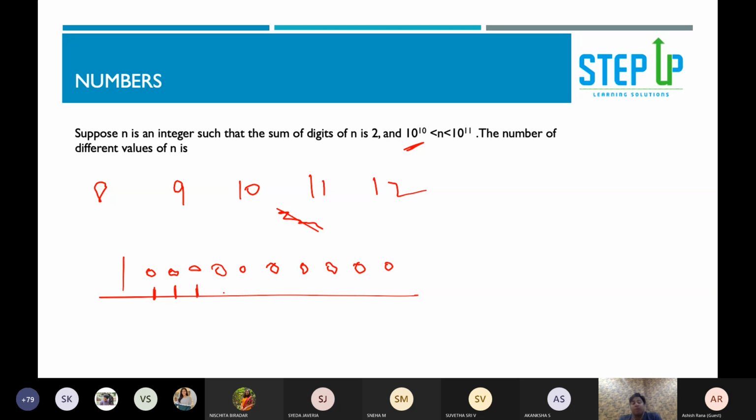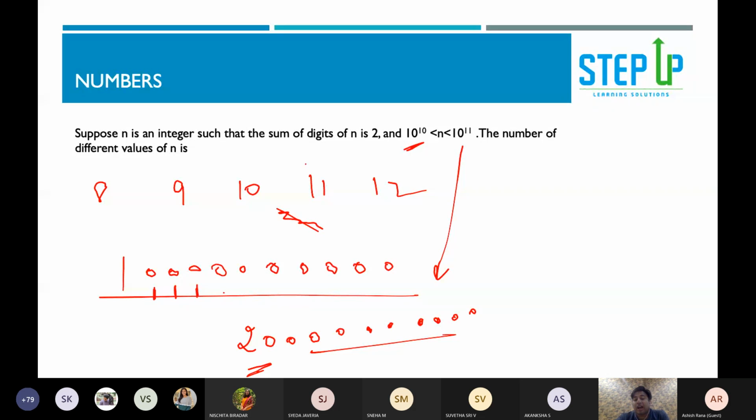Yes, sir. So how many possibilities do you have here? 10. But is this the only possibility? Do I have any other option as well? Yes. If I put a 2 and again put 10 zeros after it, this number is also less than 10 power 11 and my sum of the digits is again 2.